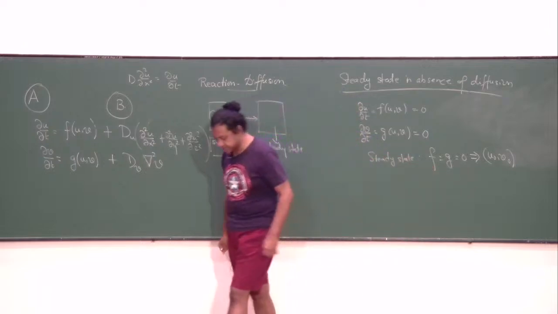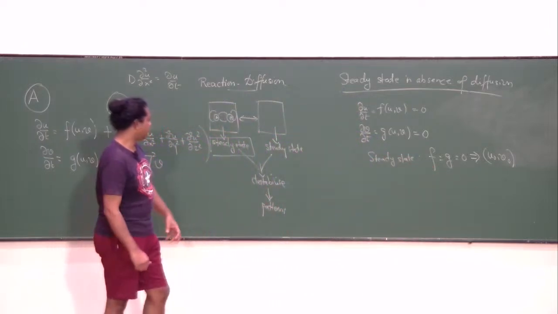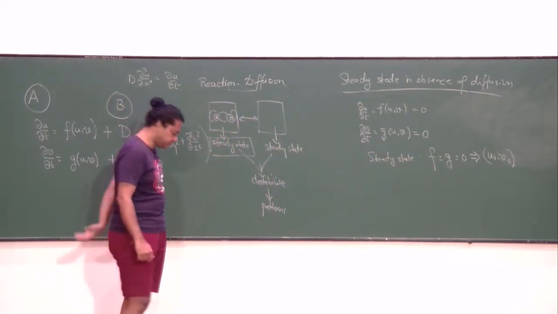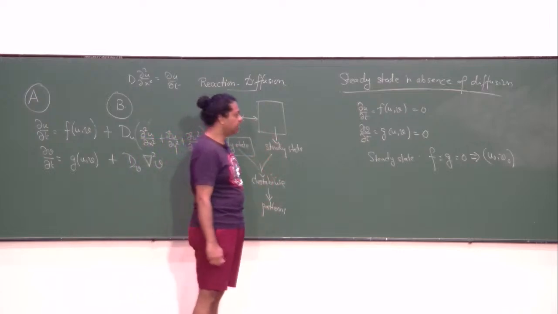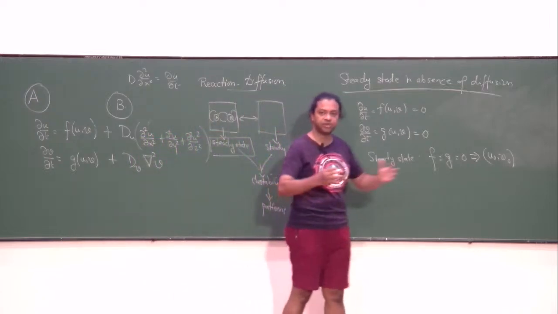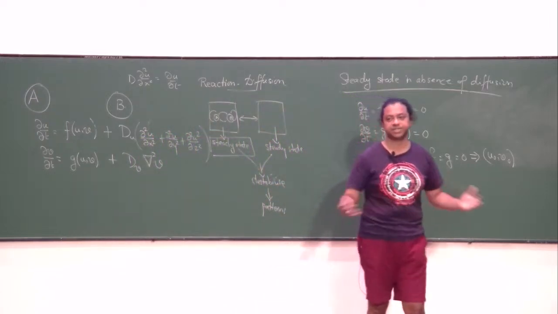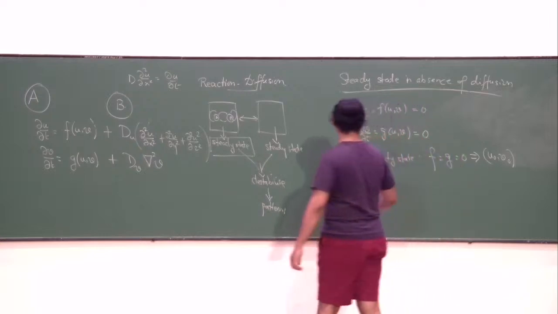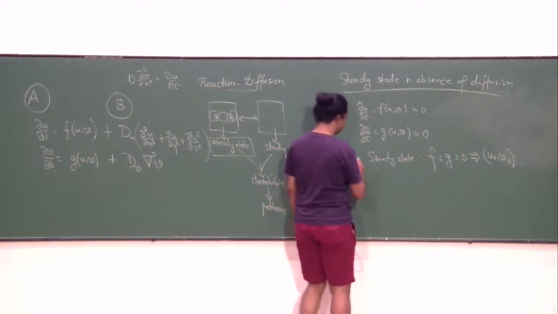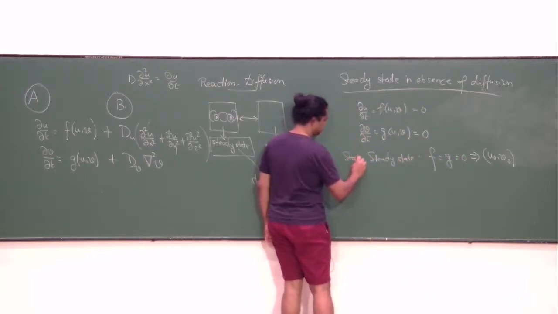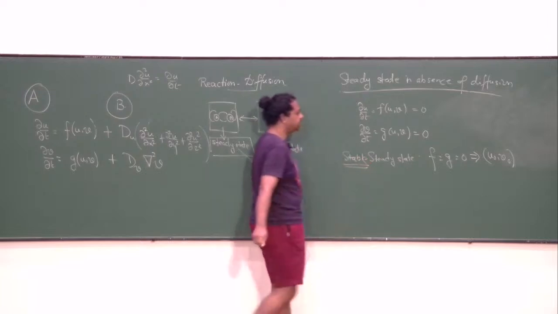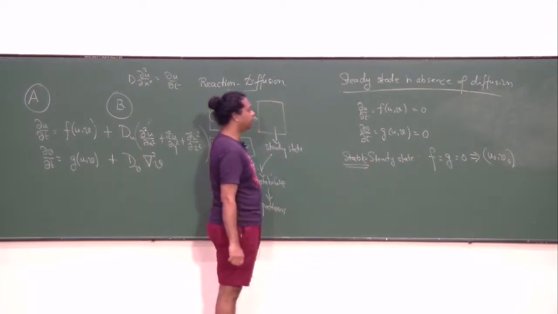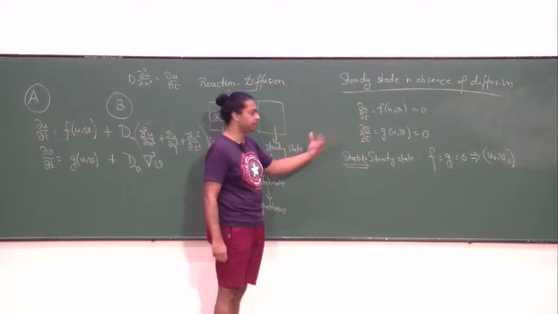Now this steady state needs to be stable. Again, if you remember this toy model that we did, we showed that the steady state was stable because if we think about perturbations away from the steady state, these perturbations die down with time. So similarly, we want to have a stable steady state, not just a steady state. And the way we will look at stability is to consider perturbations away from this stable steady state.